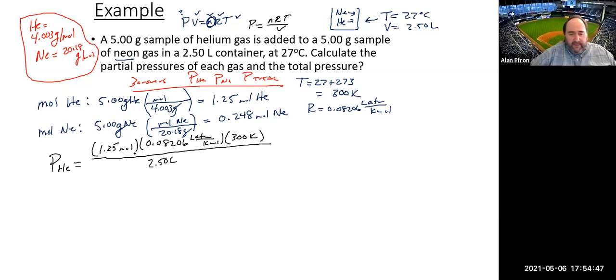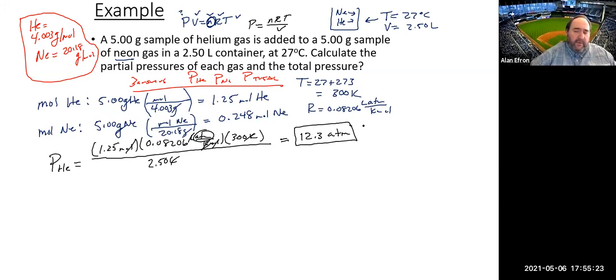Unit-wise, we have moles canceling, Kelvin canceling, and liters canceling. That leaves atmospheres, the only unit left over, which is good because we are solving for a pressure. Doing the math, 1.25 times 0.08206 times 300 divided by 2.5, we get 12.3. The units here are atmospheres. Any questions on that calculation?